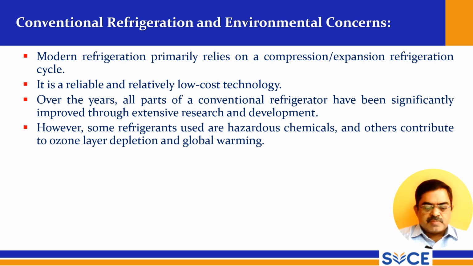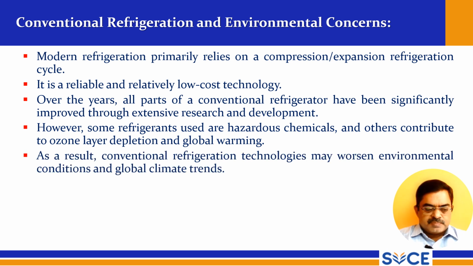Many chemicals are turning into refrigerants, and a few of them are hazardous to health as well as to the environment, and others contribute to ozone layer depletion and global warming. As a result, conventional refrigeration technologies may worsen the environmental conditions and global climate trends.